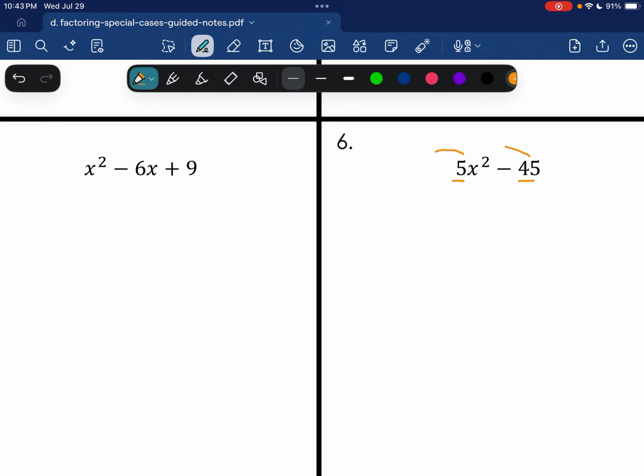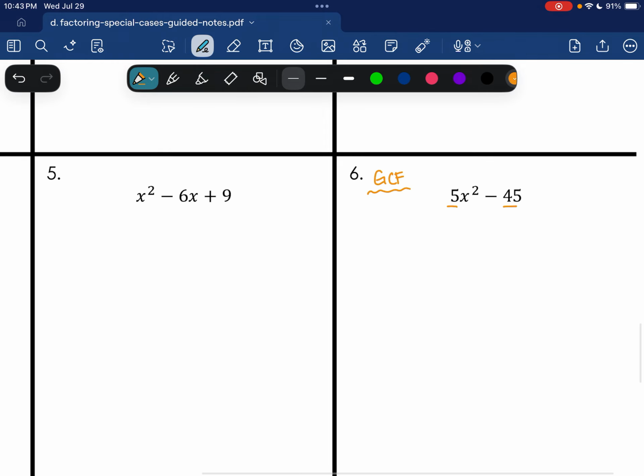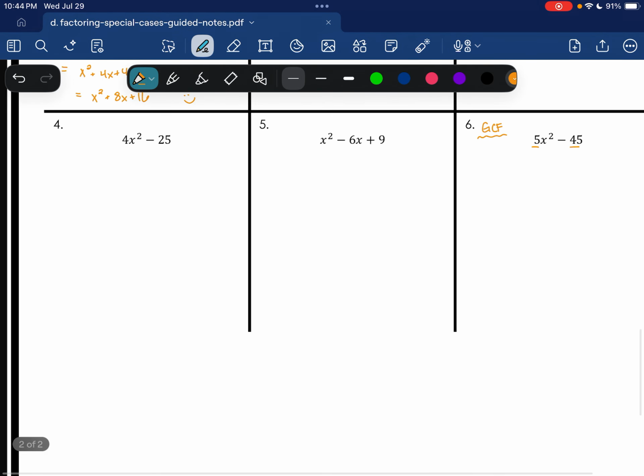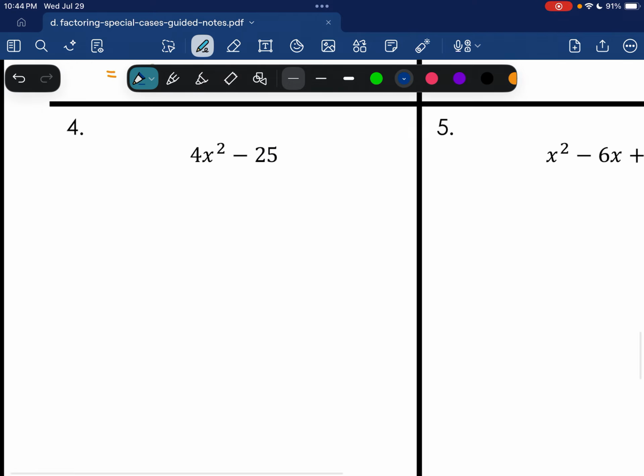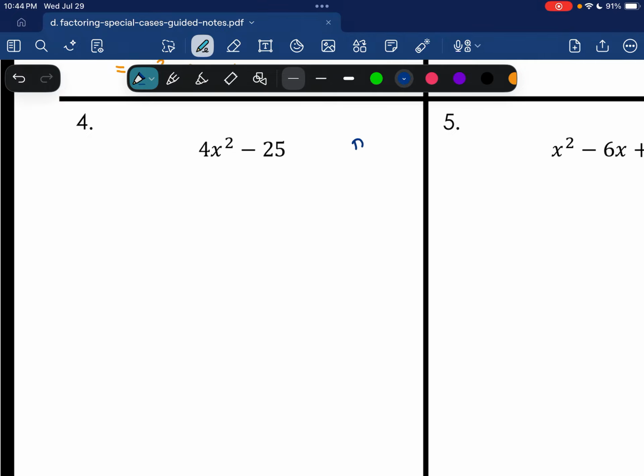All right, let's go over these here. So 4x squared minus 25 is in fact a difference of squares. So it's going to factor, it has 2x minus 5, 2x plus 5, and of course you could put 2x plus 5 times 2x minus 5. Multiplication commutes. All right, 5 was in fact a perfect square trinomial, and we ended up with x minus 3 quantity squared.